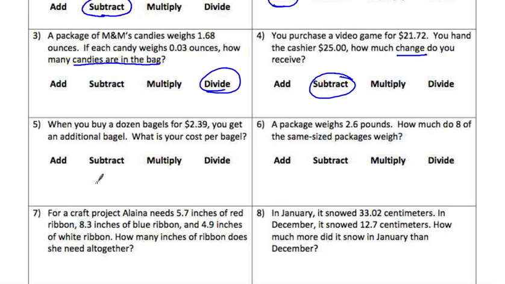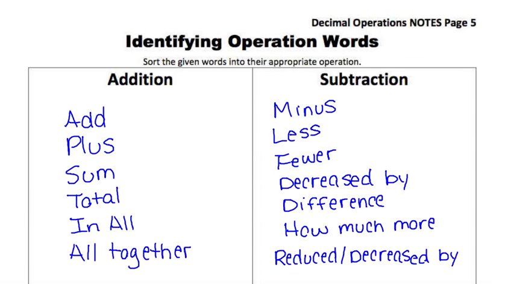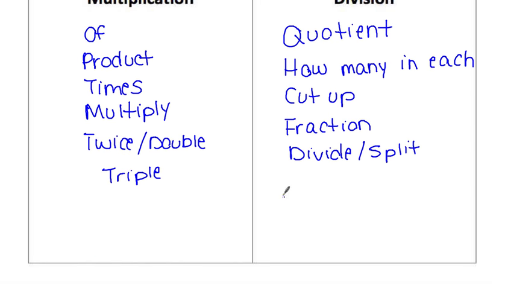Number 5, when you buy a dozen bagels for $2.39, you get an additional bagel. What is your cost per bagel? For this one, you're taking the cost and then you're going to divide it up per bagel. And actually, I made a mistake. I just realized over on this page that per, if you didn't know where it went, it goes right here in the middle because per can either be multiplication or division.